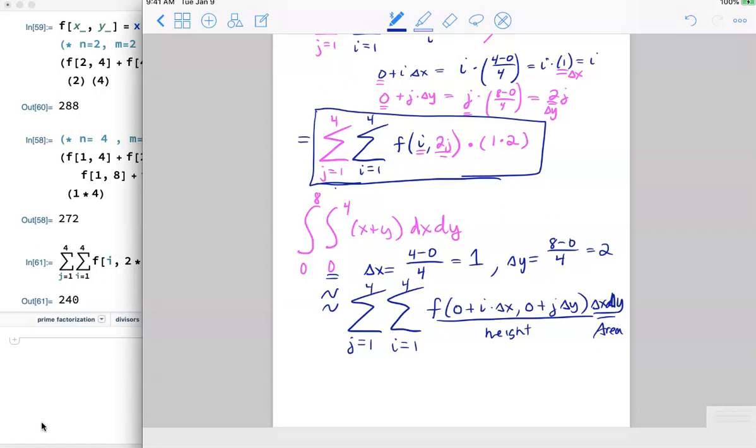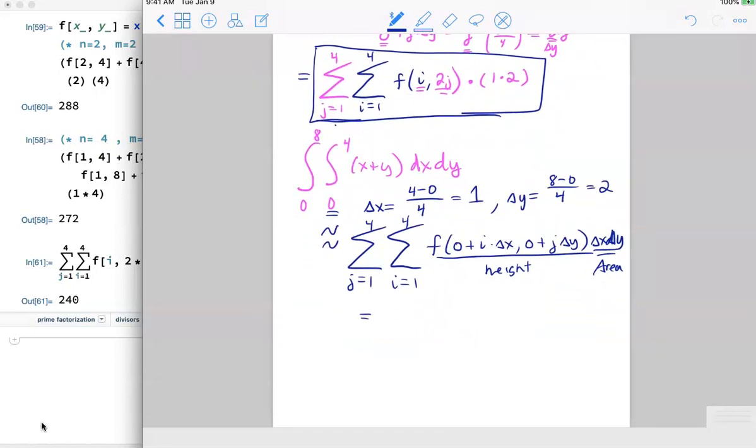Okay? And so what we showed here is that since we're starting our lower limit at 0, and delta x came out to be equal to 1, this double sum, i going from 1 up to 4, is the function evaluated at i, and delta y came out to be 2, so we needed to evaluate the function at 2j. j also needed to go from 1 to 4, and then we multiplied that by delta x delta y.